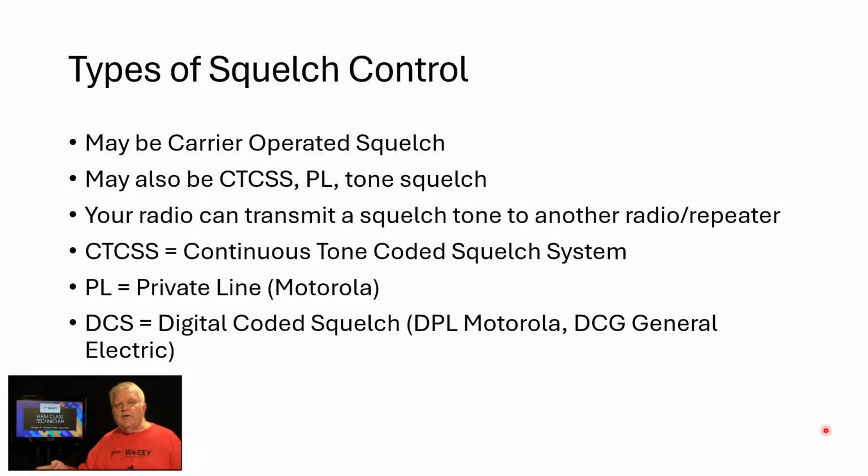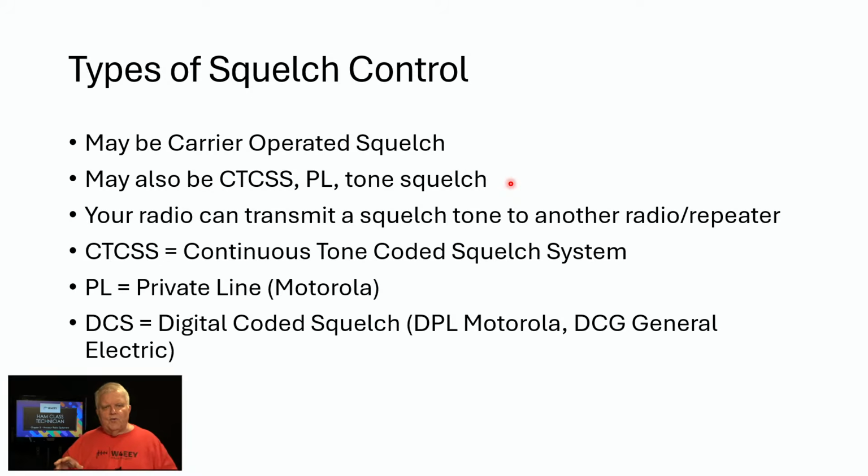So I mentioned carrier operated squelch. That's when a radio signal comes up on the frequency, the radio will open up for any carrier. It doesn't care. There's also selective squelch, which can be called CTCSS, PL, or tone squelch, where the radio transmits a subaudible tone, below the audible hearing range, that the radios can detect.